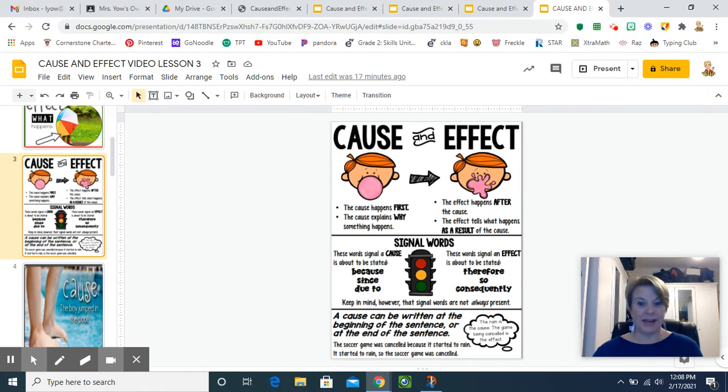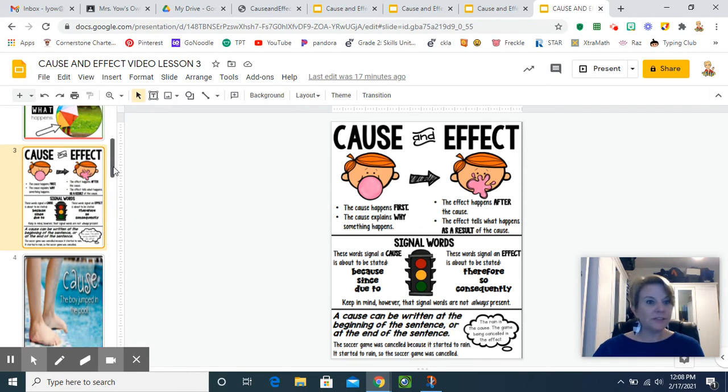It started to rain, so the soccer game was canceled. Remember, so is an effect signal word. That tells me that the cause was at the beginning of the sentence. It started to rain. The rain is the cause, and the game being canceled is the effect.